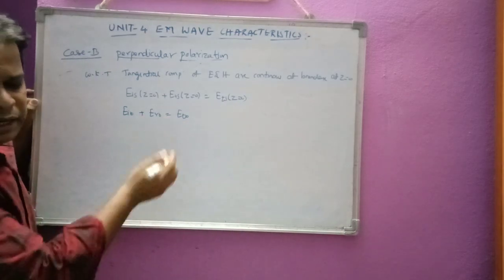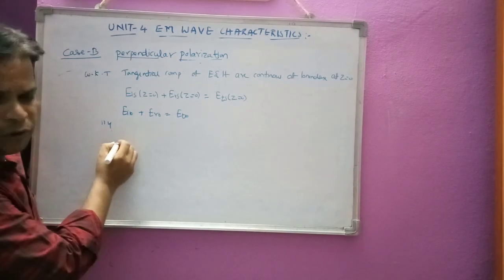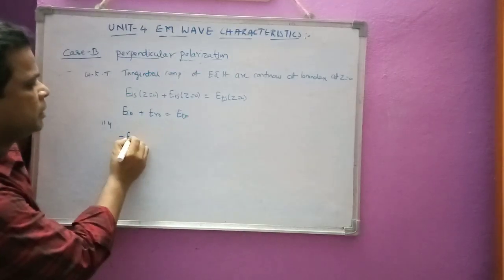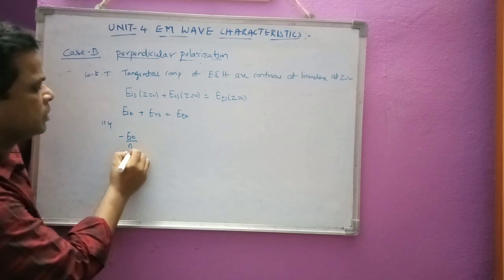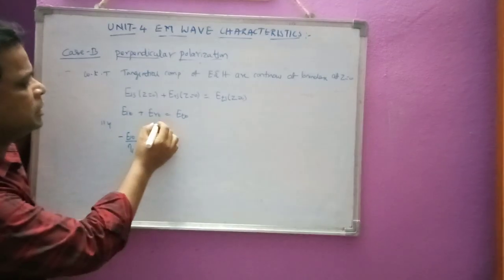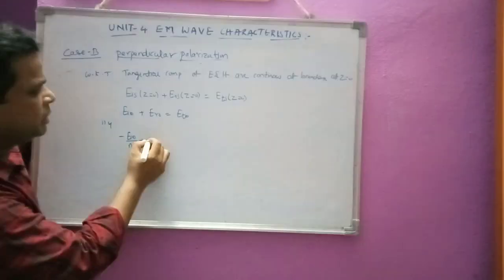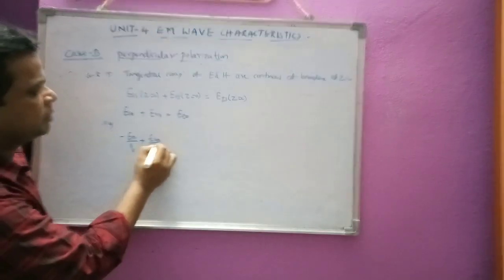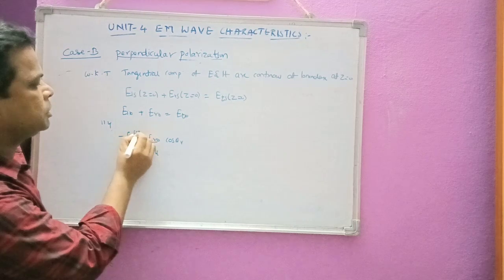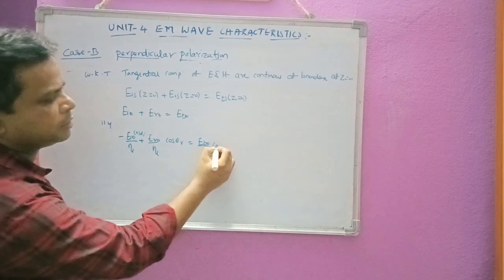Now similarly we are going to do this for the magnetic field also. If you look at the equations of Hi0 and Hr0, His and Hrs at z equal to 0, we get this equation: minus Ei0 by eta 1 plus Er0 by eta 1 cos theta r, and here it is cos theta i, that is equal to Et0 by eta 2 into cos theta t.